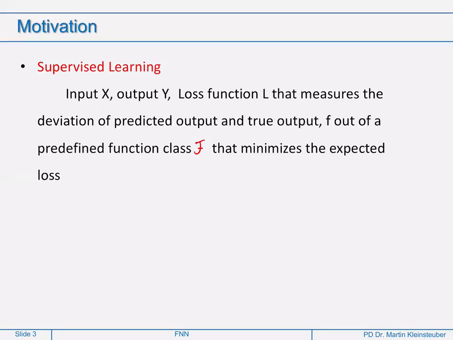So you always have the same setting. You have a loss function, and you have samples, and you have the expected loss, and then you search a function F out of a predefined function class that minimizes this expected loss.